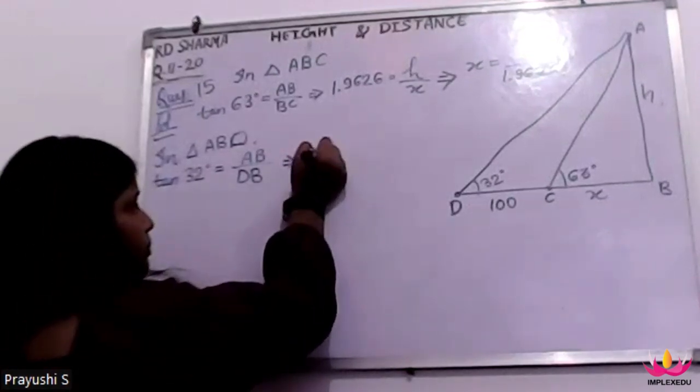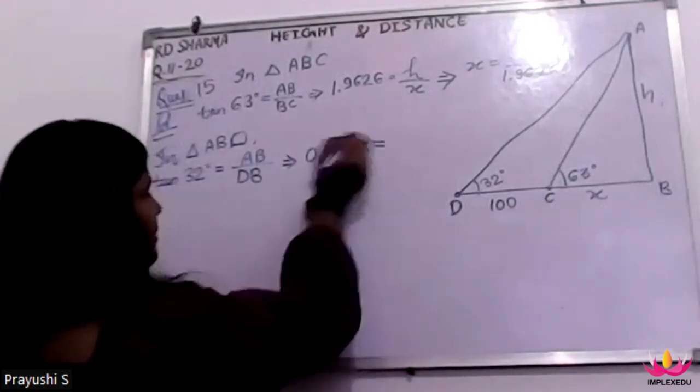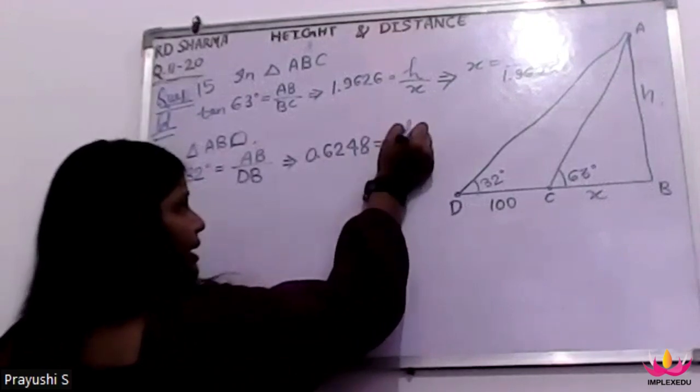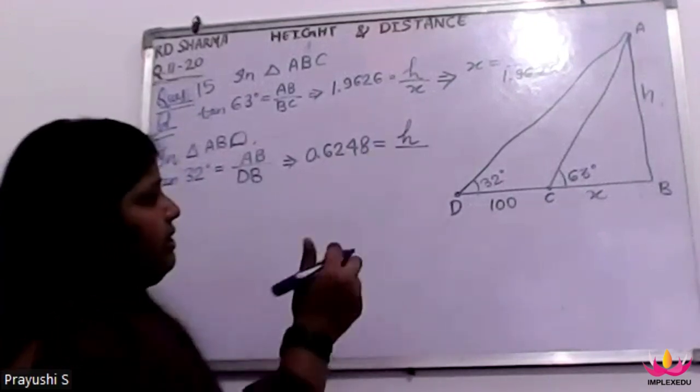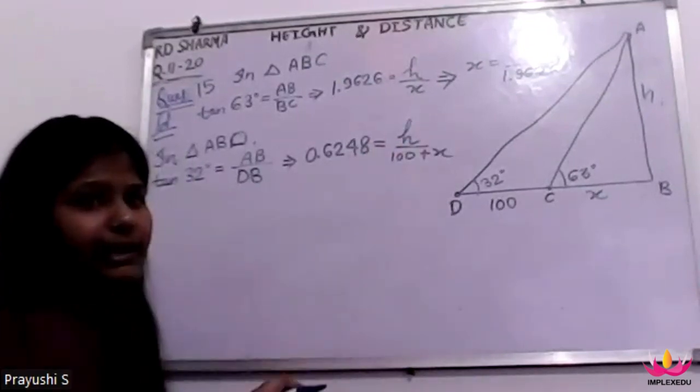So we will write 0.6248 is equal to AB, which is H, upon DB, and DB is equal to 100 plus X.